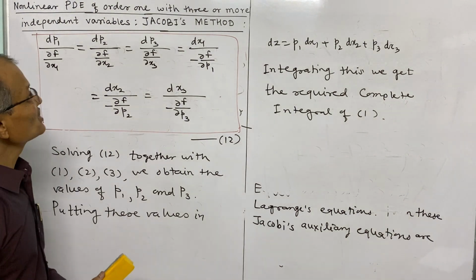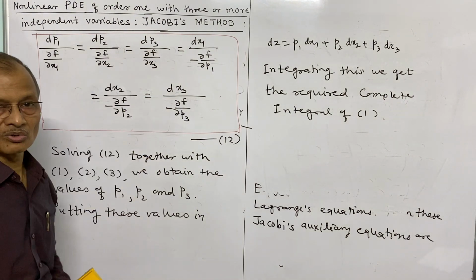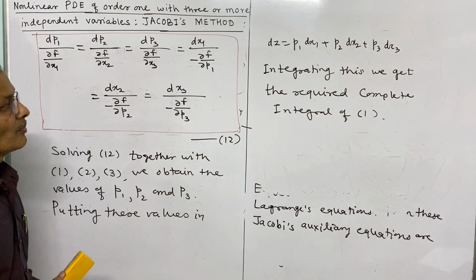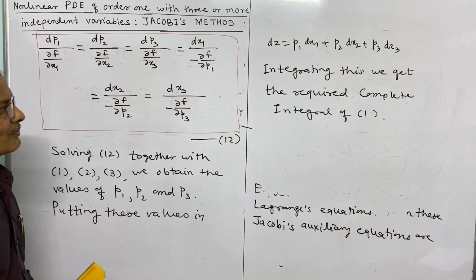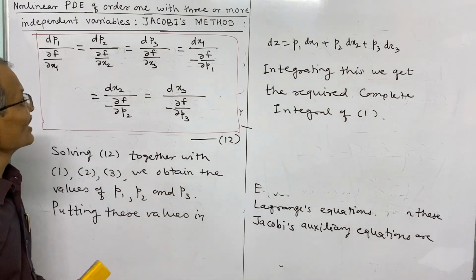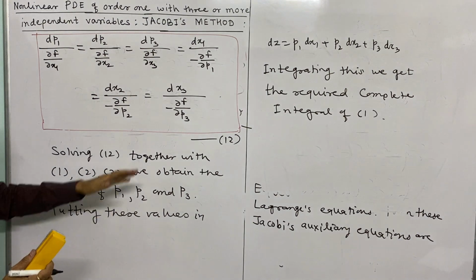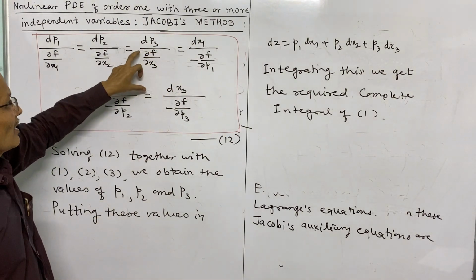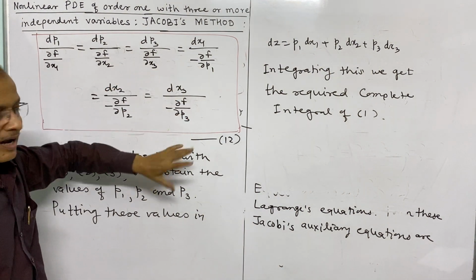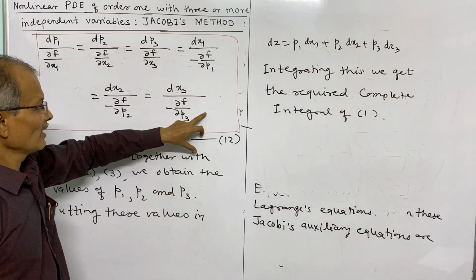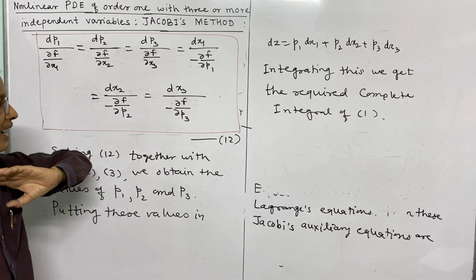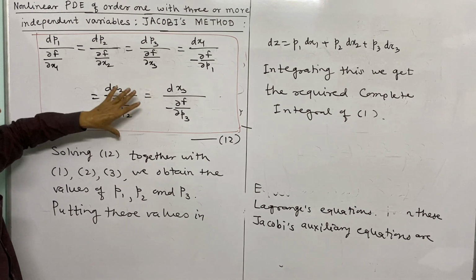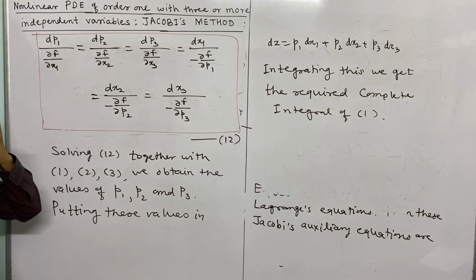And thus this is the Jacobi's method, which is used for equations involving 3 or more independent variables. We have considered the case of 3 variables x1, x2, x3. If there is one more variable x4, then this will be extended. That will be dp4 by dou f by dou x4 etc. And then we will solve this equation by grouping method or by using the properties of ratios.